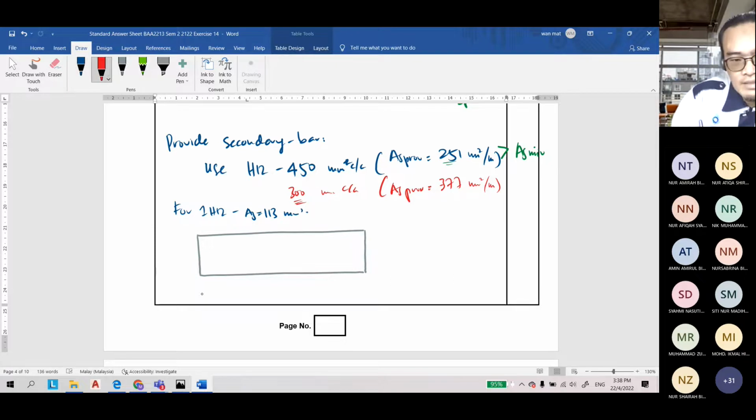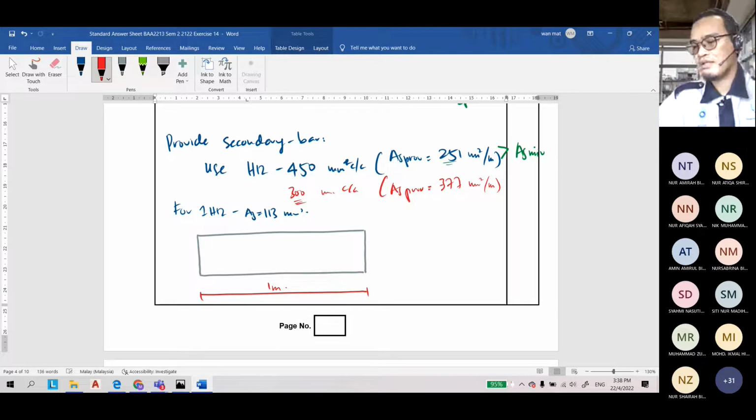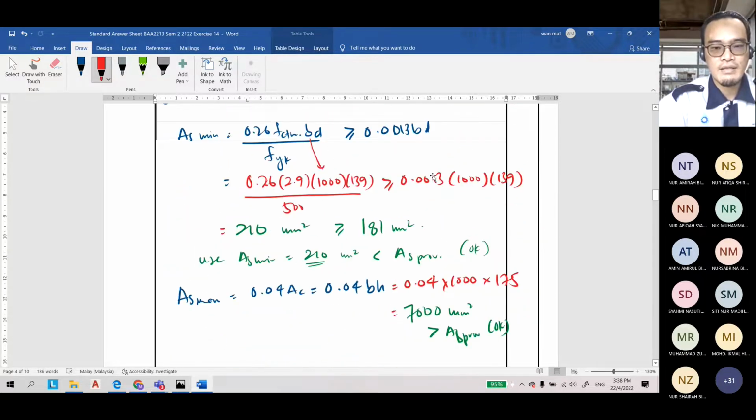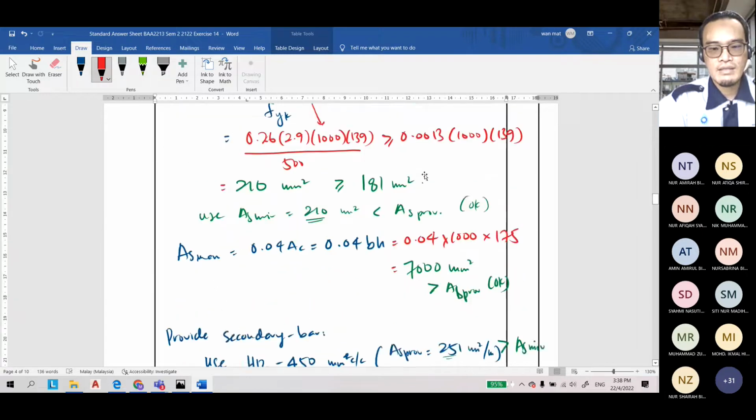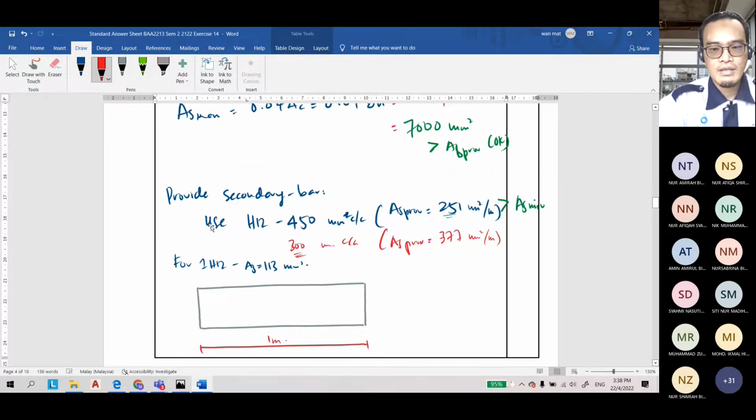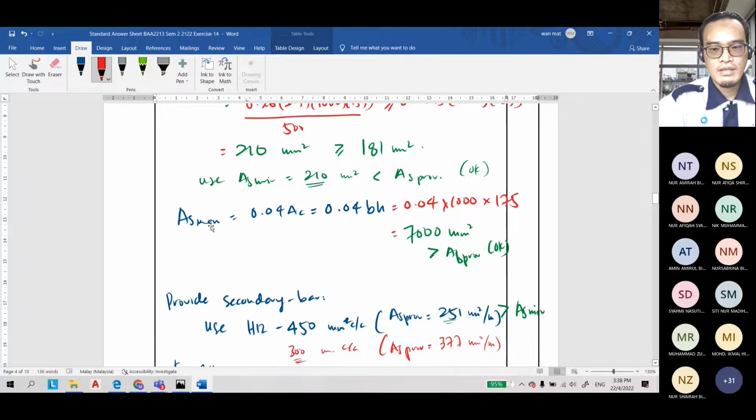So for every 1 meter, how many steel bars can you get? That's the question. If your spacing is 225, for every 1 meter you divide by 225 and get 4 point something.